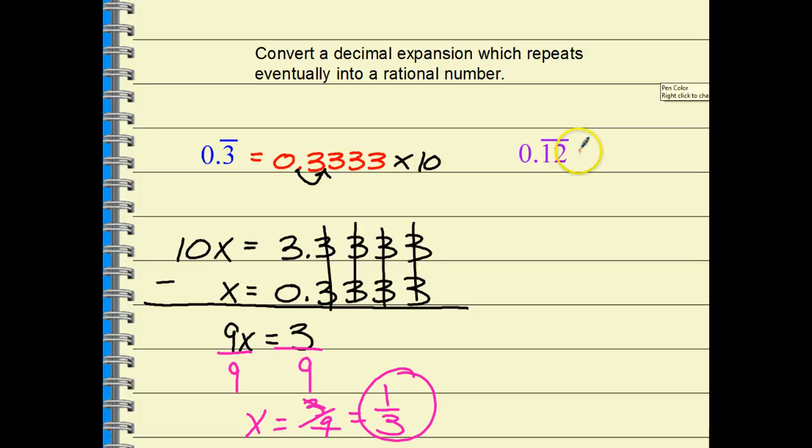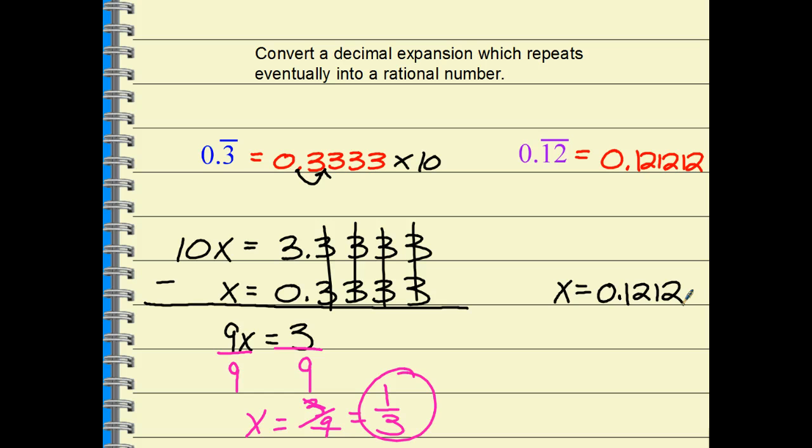Okay, the last problem over here, it looks like we have a 12 that's repeating. So it's going to be 0.121212, etc. And let's go to our process here. Let's set x equal to that. 1 2 1 2, we'll do 4 numbers.